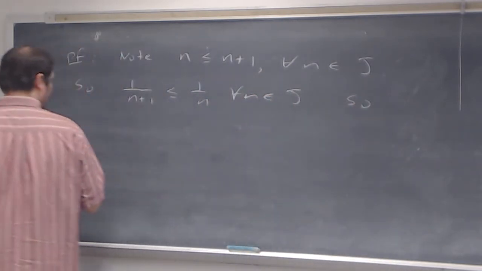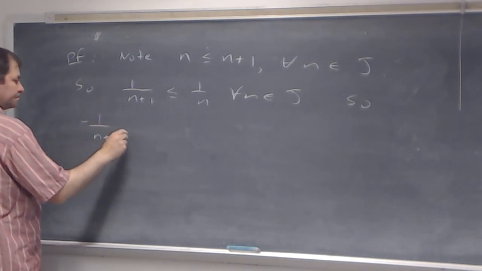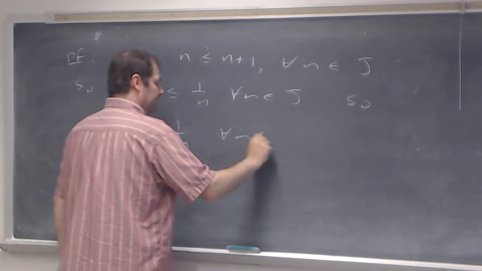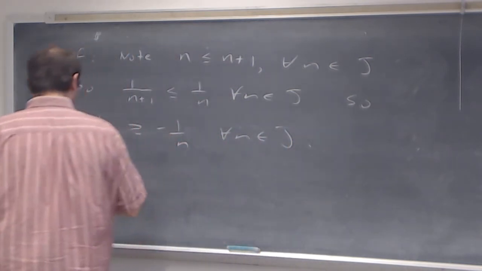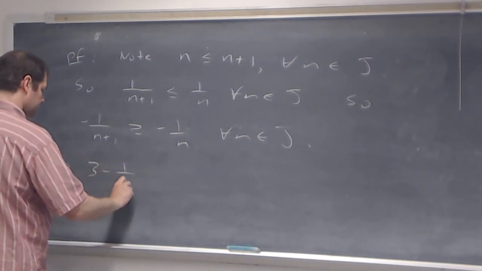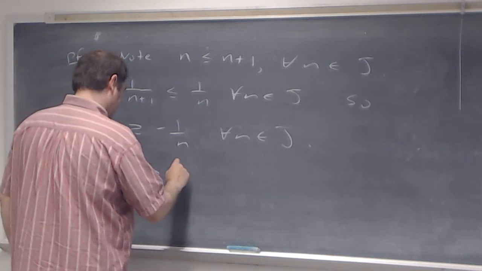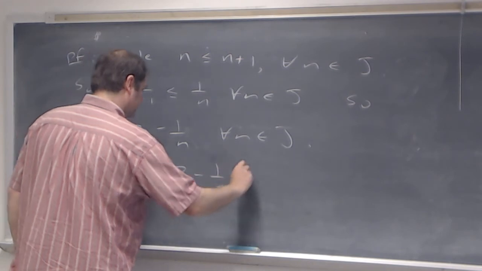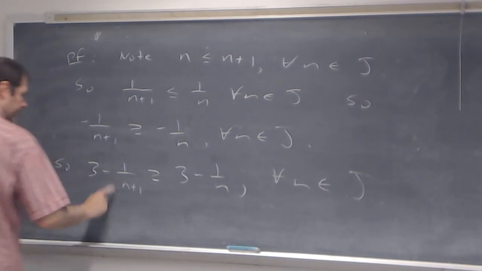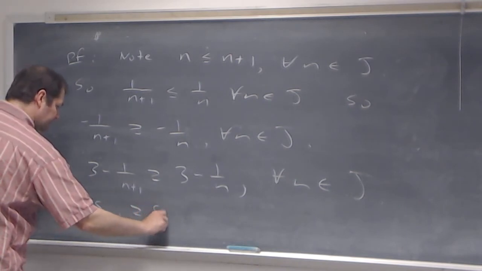So if we multiply everything by minus 1, we get that minus 1 over n plus 1 is greater than or equal to minus 1 over n for all n elements J. And now if we add 3 to both sides, we'll have 3 minus 1 over n plus 1 is going to be greater than or equal to 3 minus 1 over n. And that's true for all n elements J. But this is s of n plus 1 is bigger than or equal to s of n.